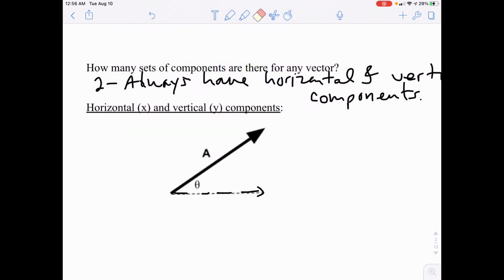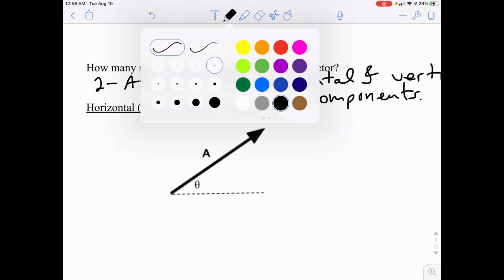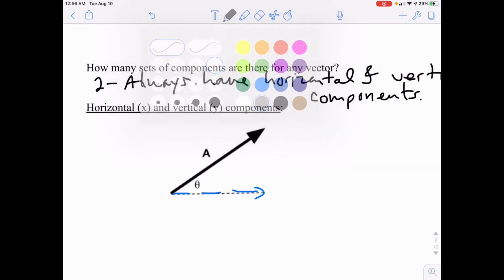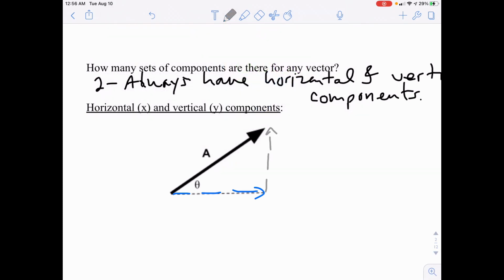Again, I'm going to color code this: blue going to the right and gray going up. Well, ladies and gentlemen, the blue side is the adjacent side of the triangle.